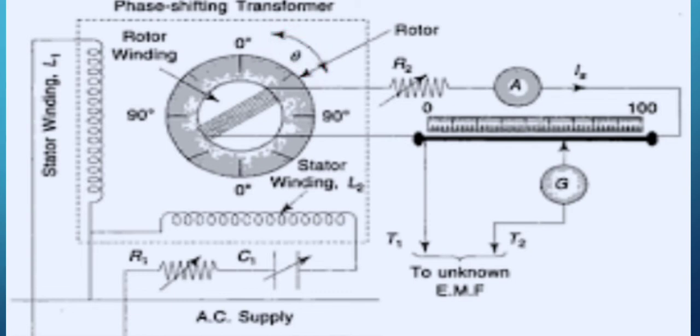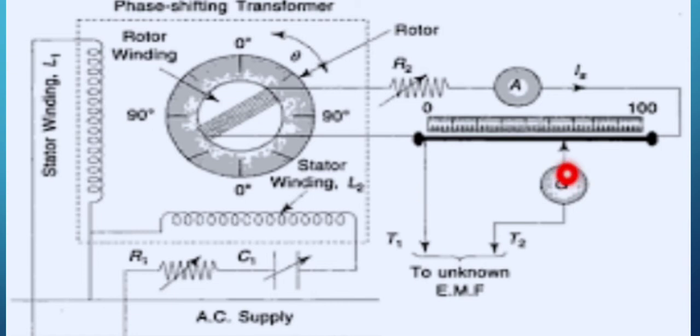So here we measure the unknown voltage in terms of magnitude and phase angle. The position of the sliding contact over the slide wire represents the magnitude of the unknown voltage, and the position of the rotor with respect to the reference represents the phase angle. So this is about the constructional feature.